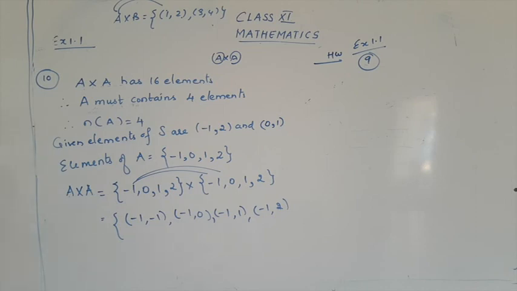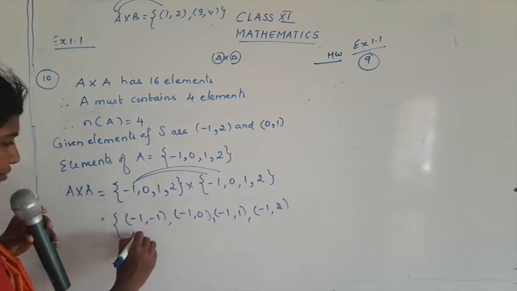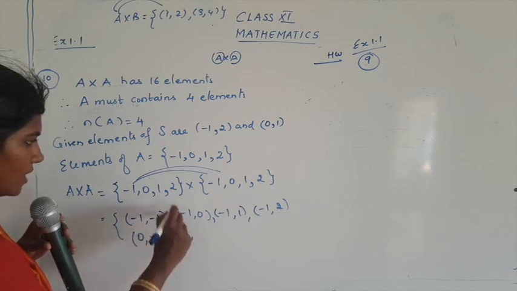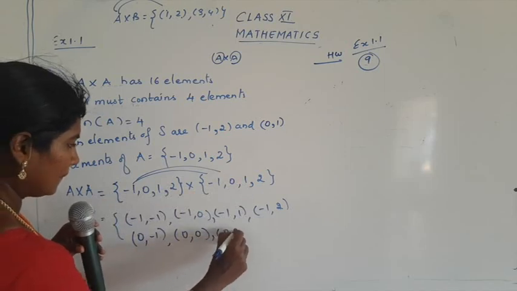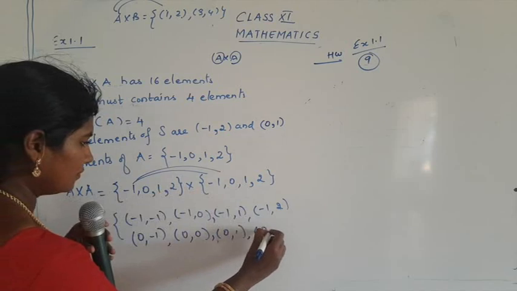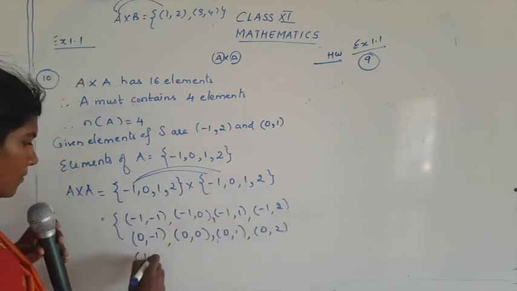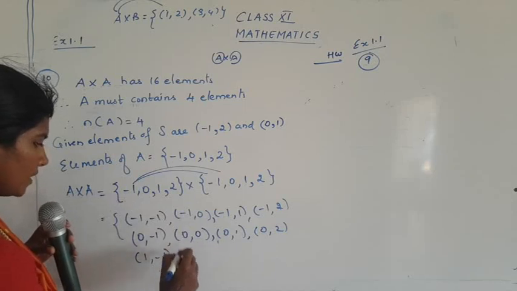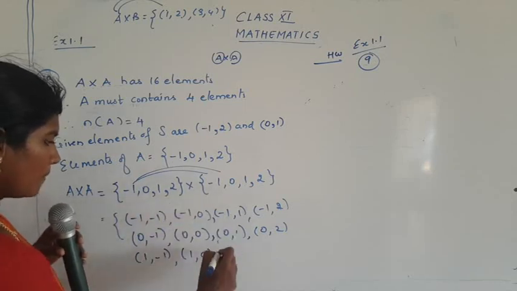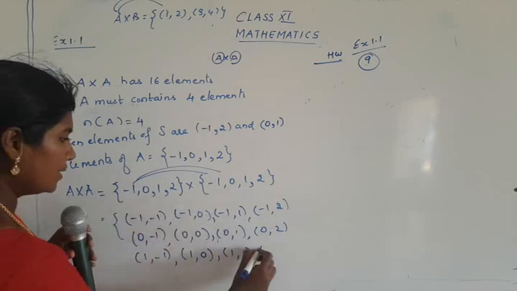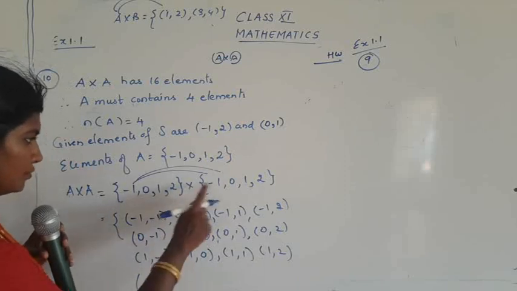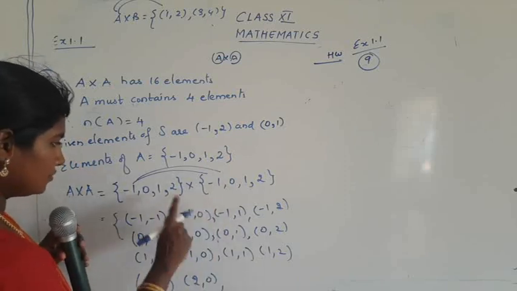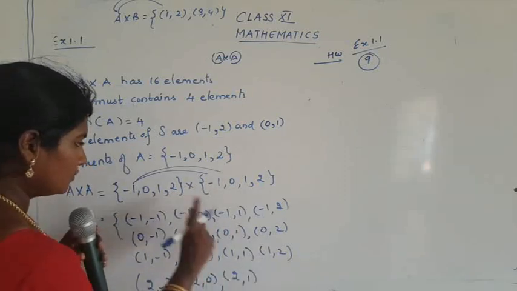Okay. I guess that you have completed the sum. You're very fast. Yes, children. So let's do it. (0, -1), (0, 0), (0, 1), (0, 2), (1, -1), (1, 0), (1, 1), (1, 2), (2, -1), (2, 0), (2, 1), (2, 2).